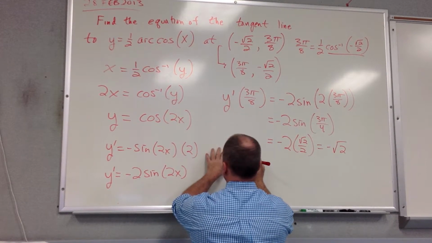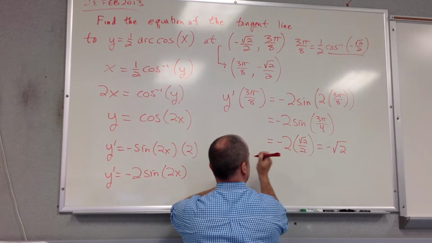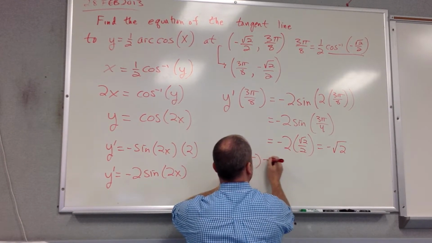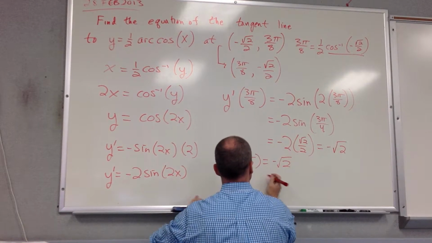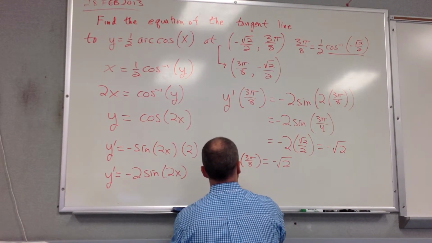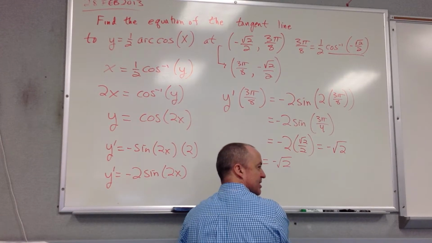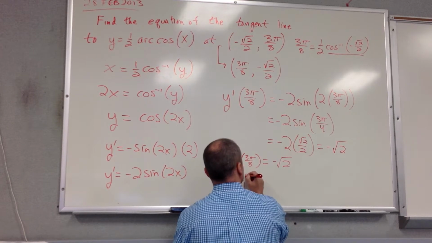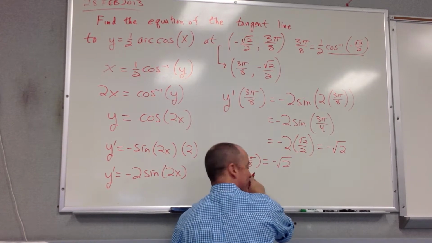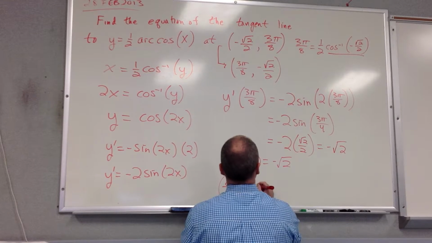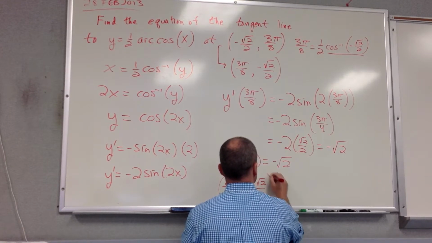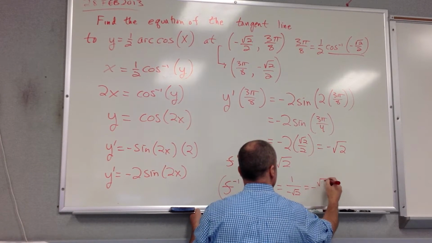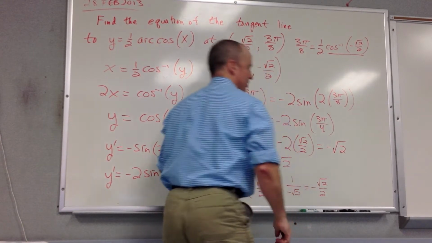If f prime of 3 pi over 8 equals negative root 2, then I know that f inverse prime of negative root 2 over 2 is 1 over negative root 2, which after I rationalize is going to be negative root 2 over 2.